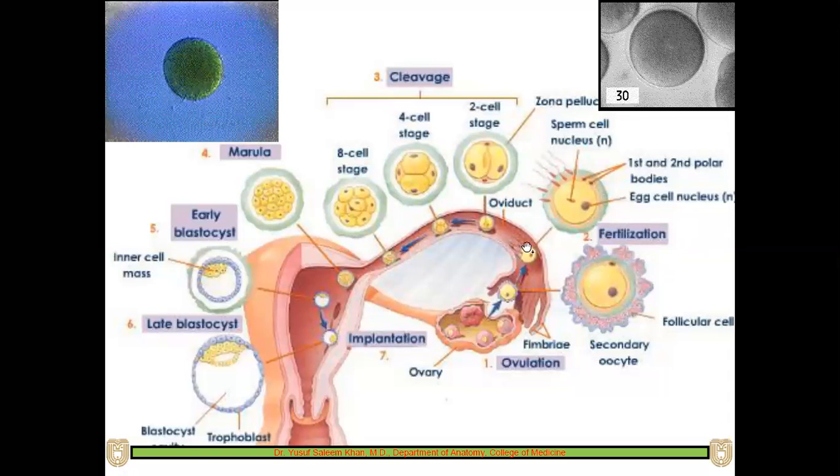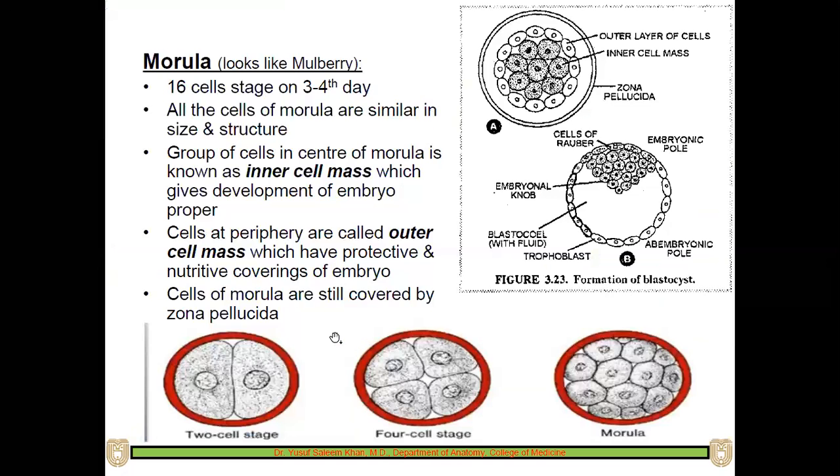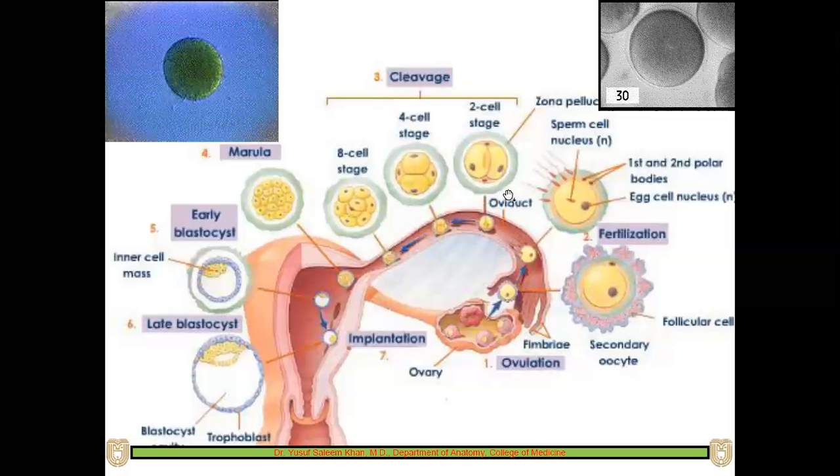So the one cell stage has become two cells, then four, then eight, then 16. By the 16 cell stage it has already reached the uterine cavity. Now it changes into something else. We'll talk about that.